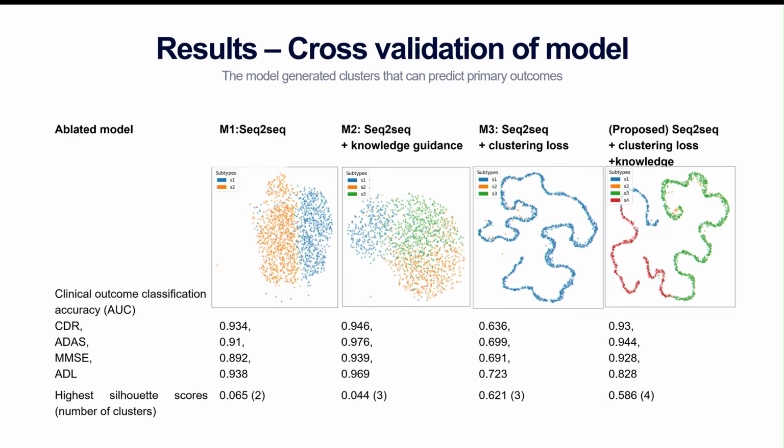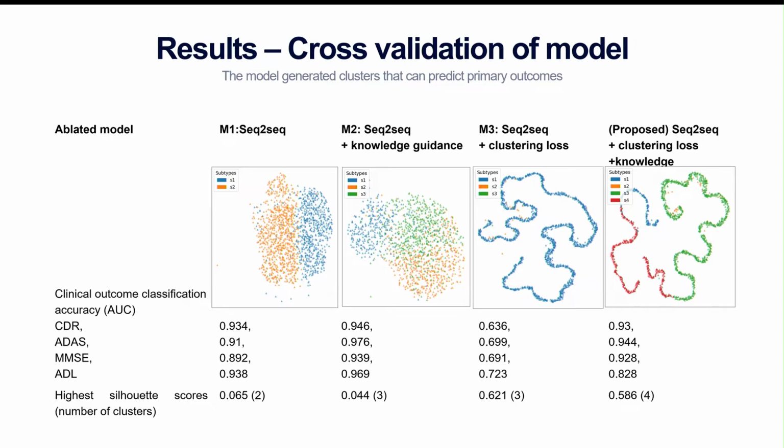Before we derive a cluster, I think I need to introduce the validation first. We first do the internal validation using cross-validation, and then we do the external validation using some independent clinical trial data. The internal validation uses 80%, 20% splits: develop models with training, test within the test set.